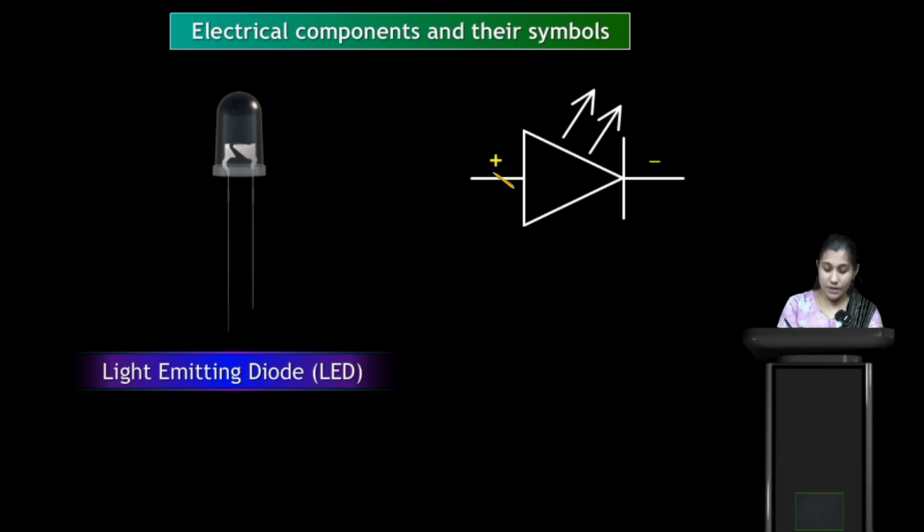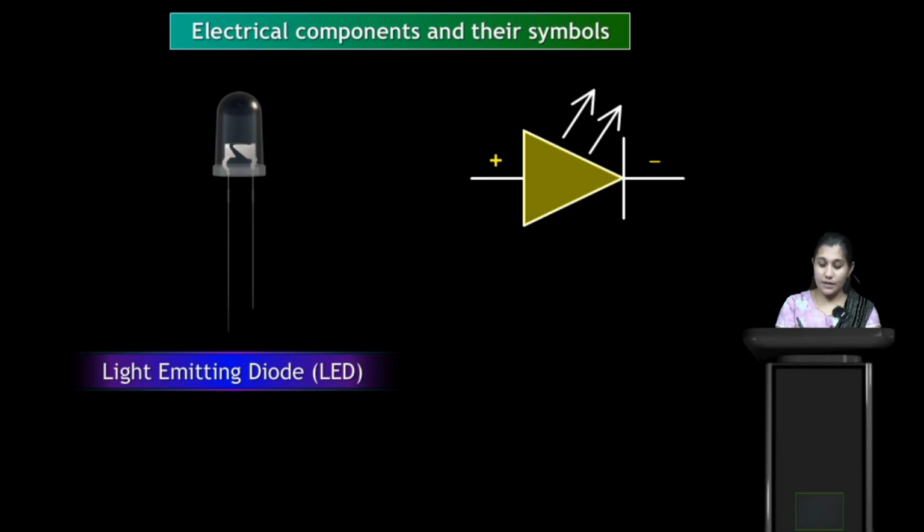And this one is a positive terminal and this one is a negative terminal, because every electric appliance has a positive terminal and a negative terminal through which the electricity can pass. See, the electric cell also has a positive terminal and a negative terminal. So even LEDs also have a positive terminal and a negative terminal. Okay.